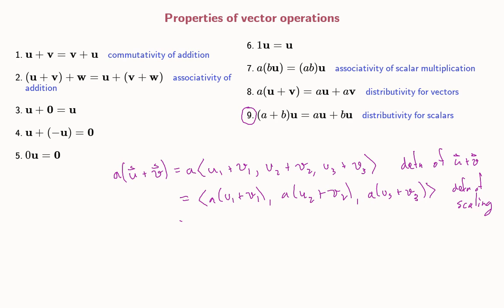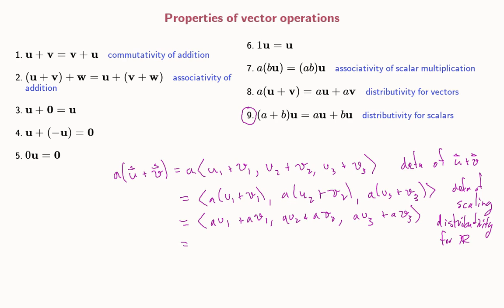Now we'll invoke the distributive property for just ordinary numbers. So now we can rewrite this as au1 plus av1, au2 plus av2, au3 plus av3. So this is distributivity for just real numbers.